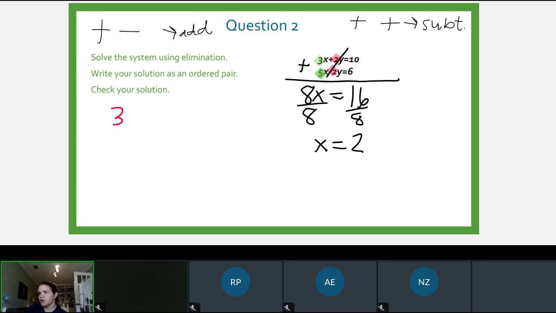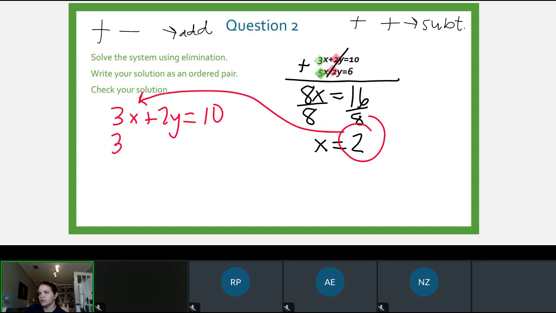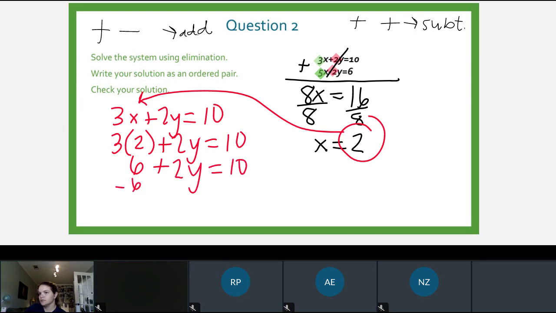Now we are going to go back to our original equation, 3x plus 2y equals 10. But instead of an x, I'm going to plug in the number 2. So 3 times 2 plus 2y equals 10. So this would be 6 plus 2y equals 10.